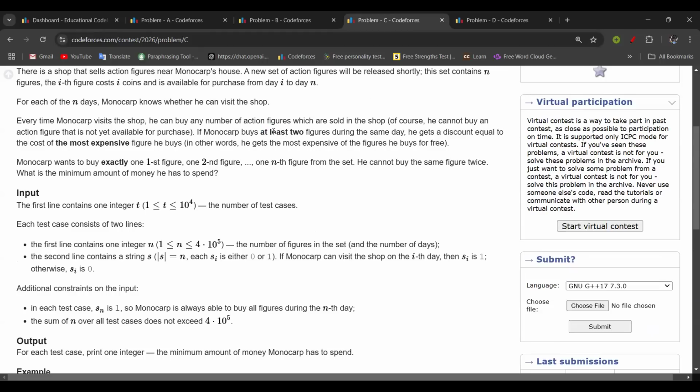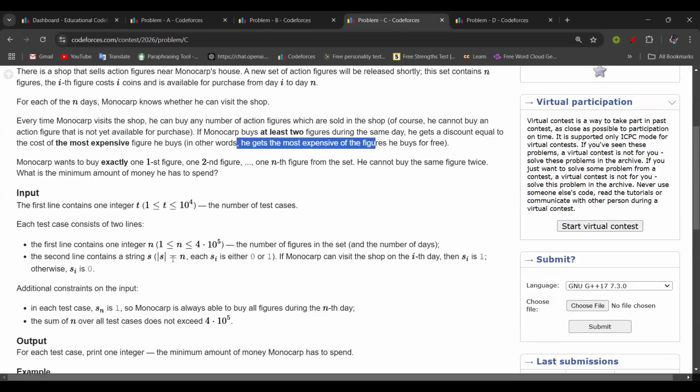Or, if he is purchasing more than one item, at least 2 items, then the cost of the most expensive figure he would get for free. So that is an offer: if in a single day he purchases 2 or more items, the most expensive figure is free for him.